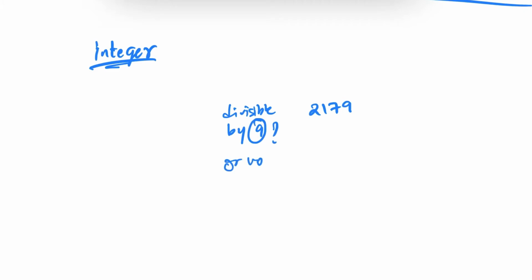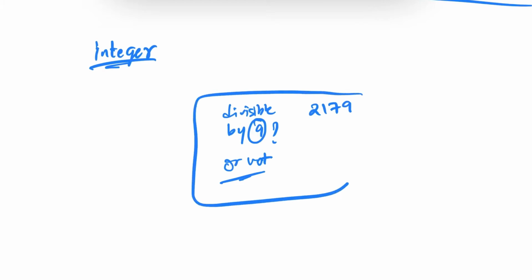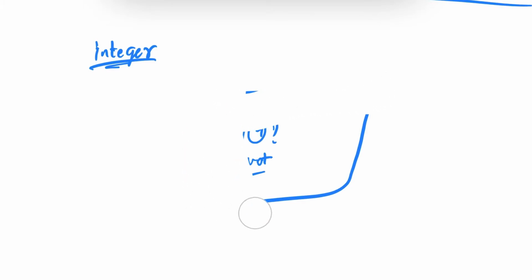If such a question comes, or if in any question you have to find a prime number, we have to check with every other number, right? For such questions this will be very useful, wherein we will be learning various divisibility tests of various integers.